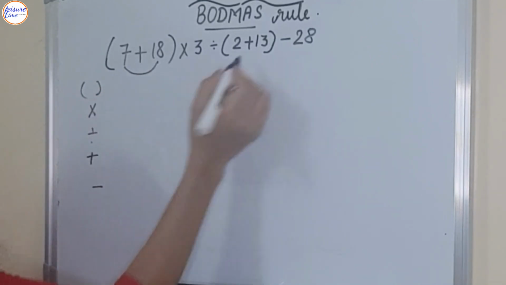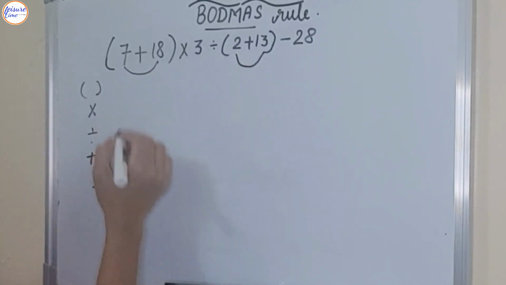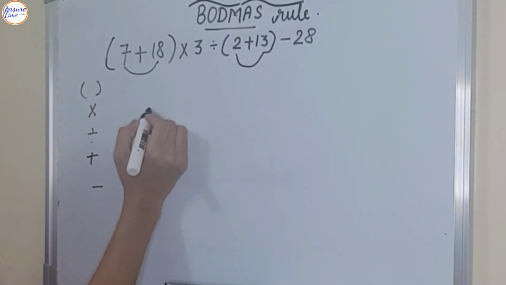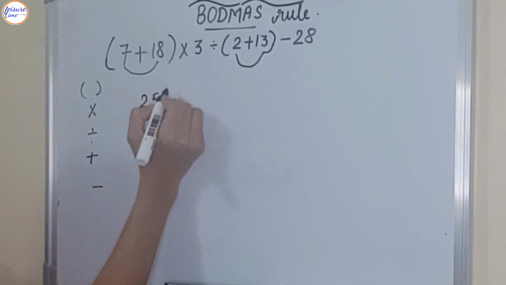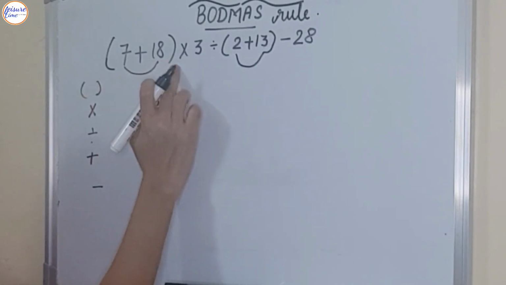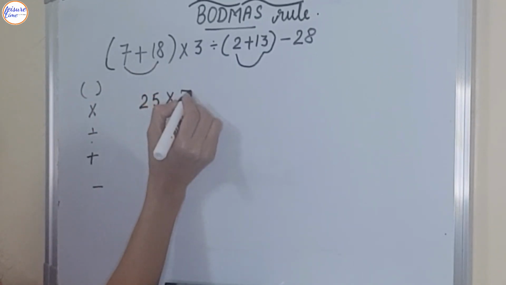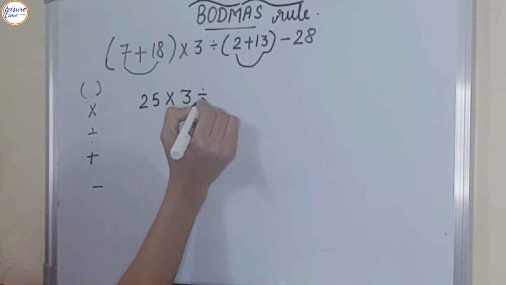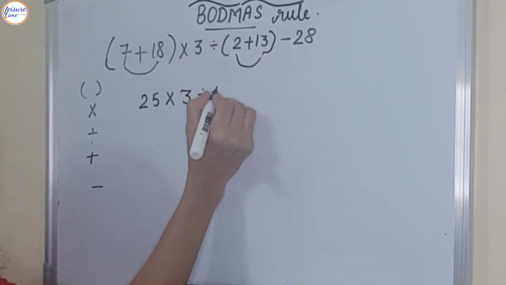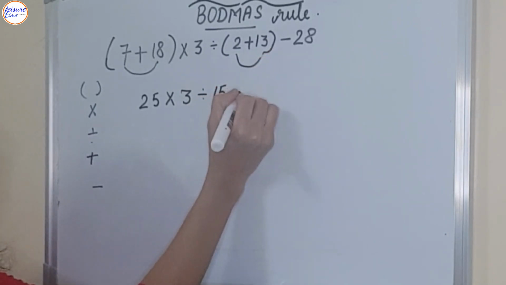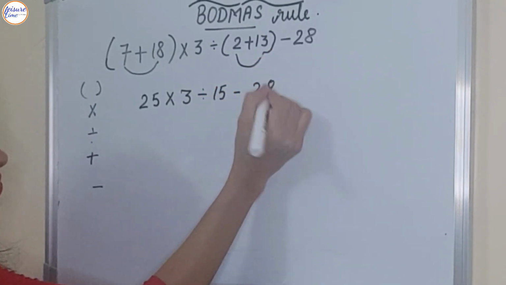Solve this one first: 7 plus 18, and 2 plus 13. How much is this one? 25. Okay, now the bracket is solved. Multiplication 3. Now divide. Here 2 plus 13 is equal to 15. Now minus 28.